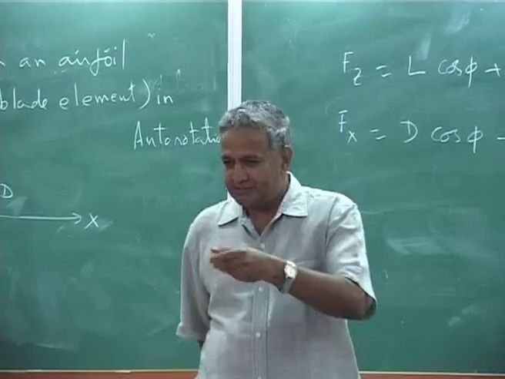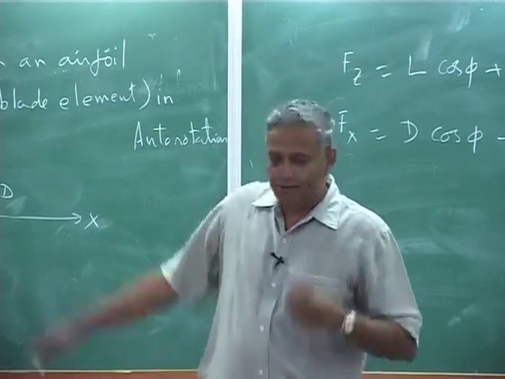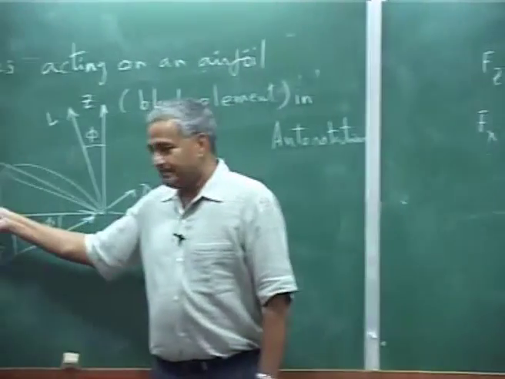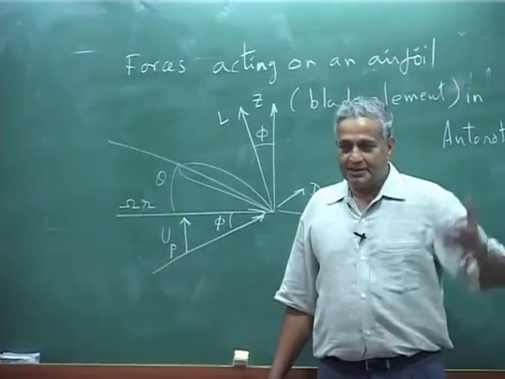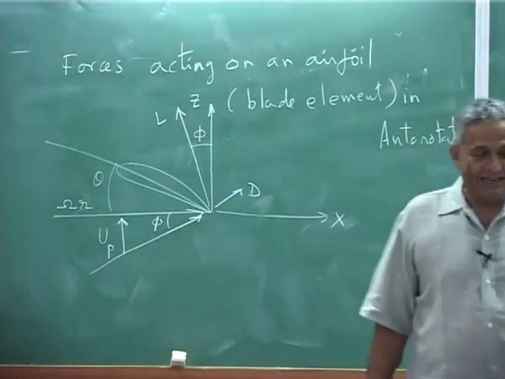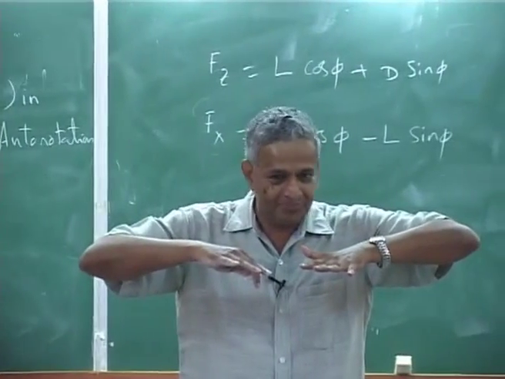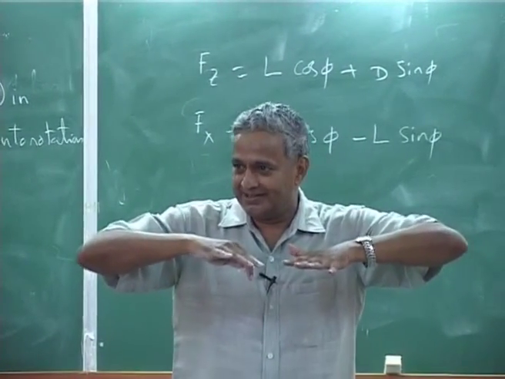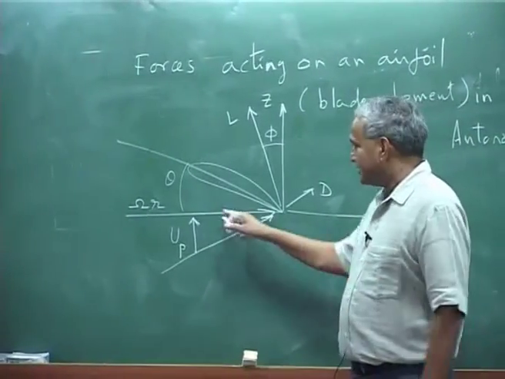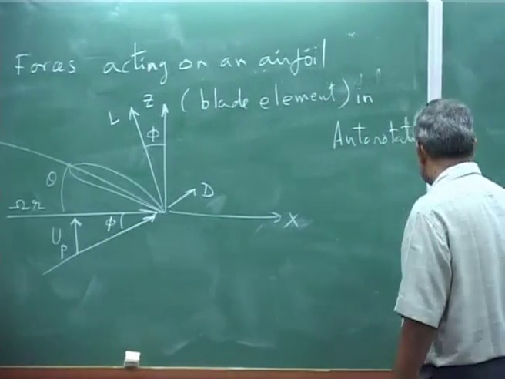Now, the interesting part, I am just throwing it, this is for one section of the blade. My rotor blade is rotating with the omega r, which is varying. Every section is a different r. Even if I assume my up is the same, near the root what will happen? Omega r is small, because what is phi? Let us write the phi. What is tan phi?